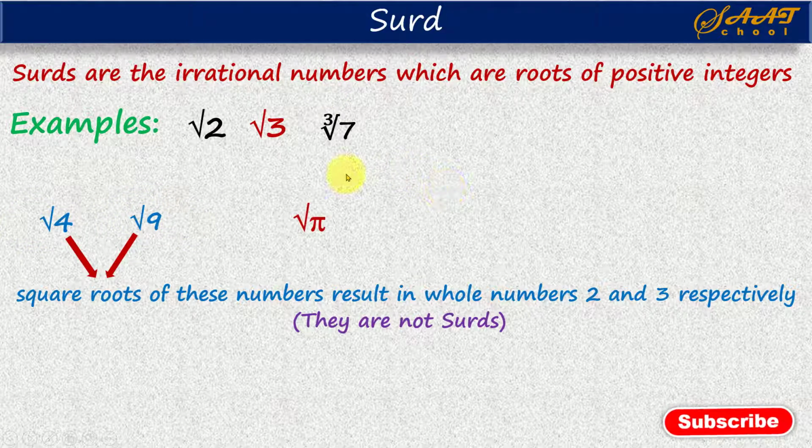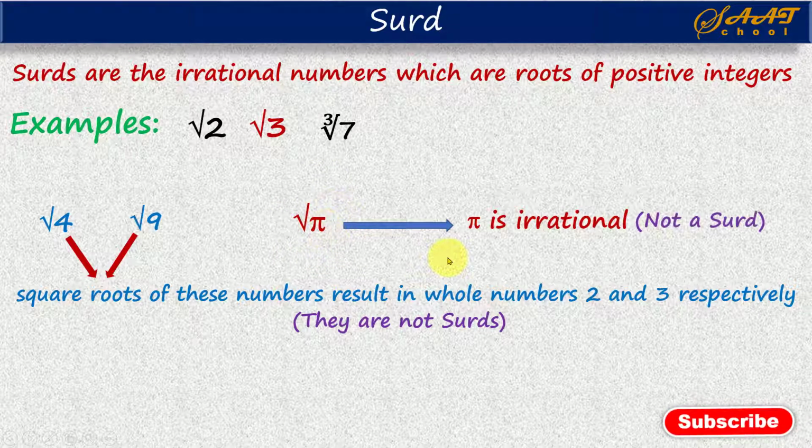Now the next example is root under pi. Now the question is, is this a surd or not? This is not a surd because pi is irrational. So to be a surd, the next property is roots of positive integers. So here this pi is not a positive integer and this is an irrational number.